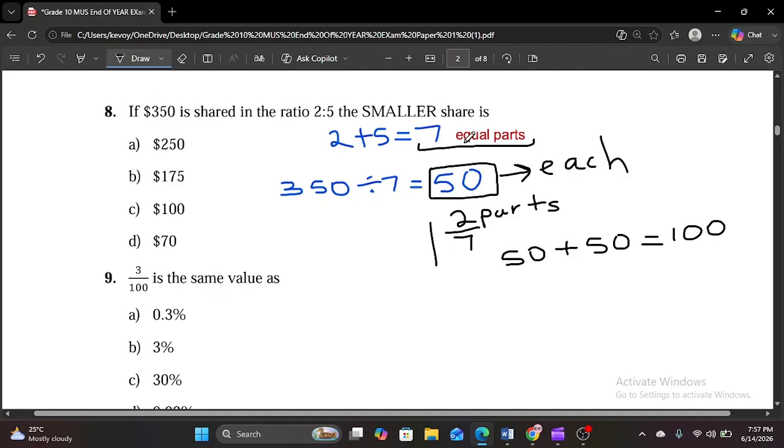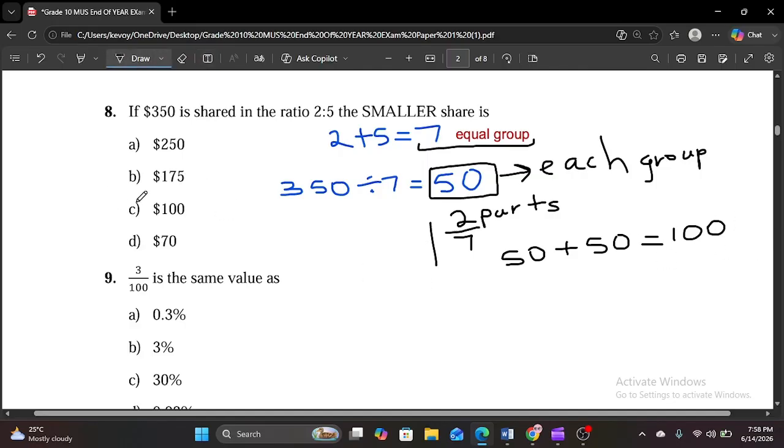If I share it into 7 equal groups, each group will get 350 divided by 7, which is $50. So if each group gets $50, then the person who gets 2 out of the 7 equal groups will end up getting $100.